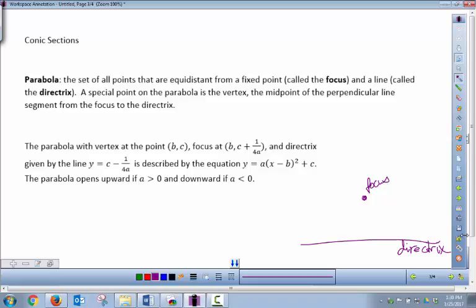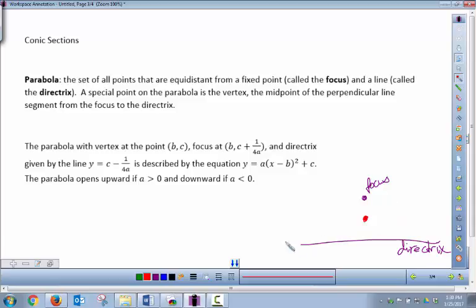Equidistant means any point in this plane that has the same distance from the focus to that point and from that point back to the line, perpendicular distance, would be part of your parabola.